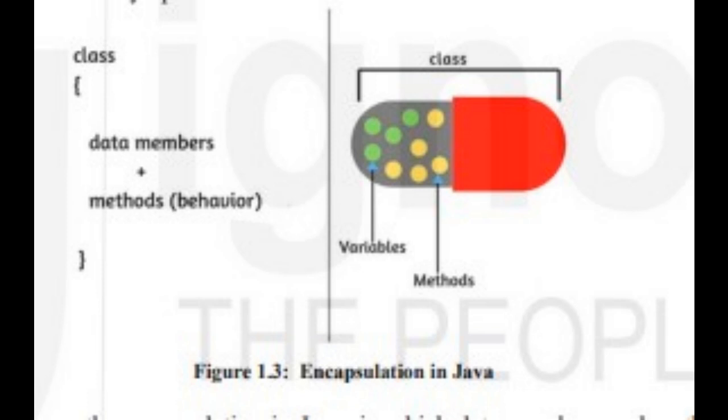Let us consider a FourWheeler class that contains data members and methods. The data members are engine capacity, number of gears, length, breadth, power steering, audio system, etc., and the methods are forward movement, backward movement, stopping movement, etc. Let us assume that this FourWheeler class is defined and in use.